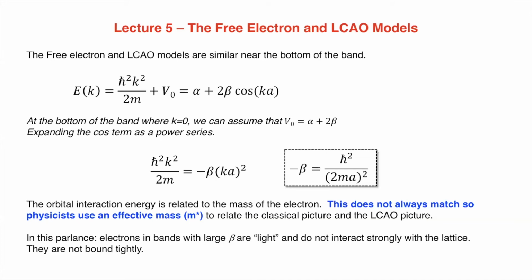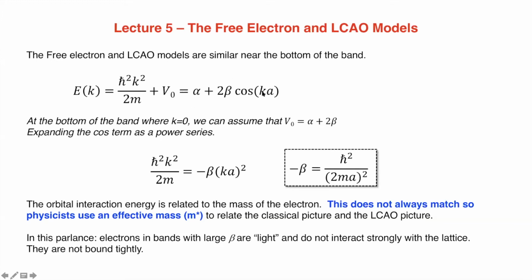You just say, all right, let's pretend those two things are equal, and you can assume when k equals 0, where there's no kinetic energy, that the energy of the crystal is like the most bonding combination of orbitals. It's the lowest energy combination, and so we can assume that the potential energy at that value of k is alpha plus 2 beta.